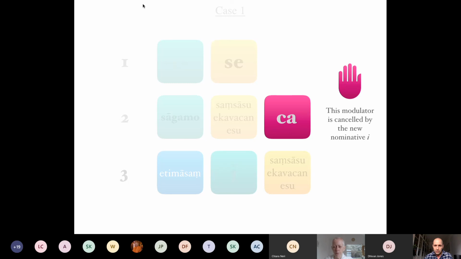Moreover, this cha is cancelled by the structure of the rule, the third rule, which shows us that we are moving into a replacement rule, an adesa rule. So we are coming from agama, and now we are moving to an adesa rule, a replacement. That's why the cha is cancelled and no longer applies.